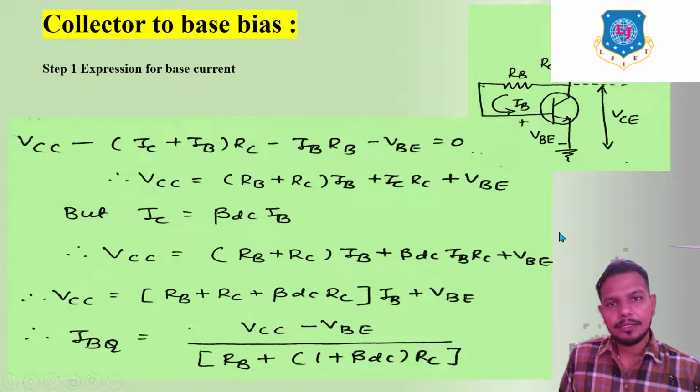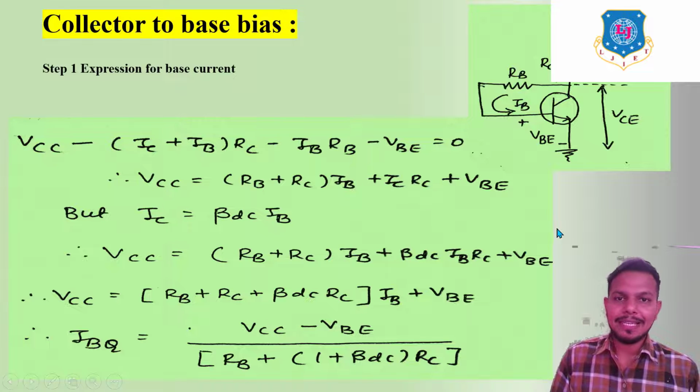Now VCC as a subject is equal to (RB plus RC) into IB plus ICRC plus VBE. But here IC is equal to beta DC IB. So we have to just put this value in this equation. So we will get VCC is equal to (RB plus RC) into IB plus beta DC IB RC plus VBE.